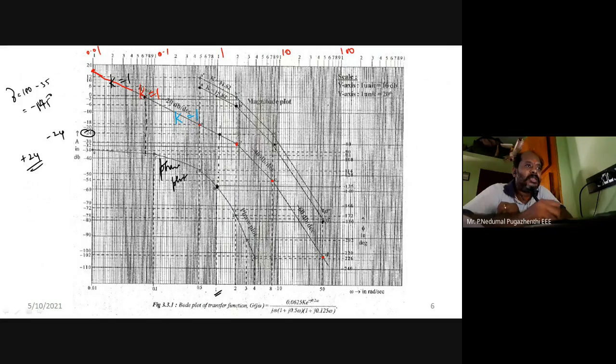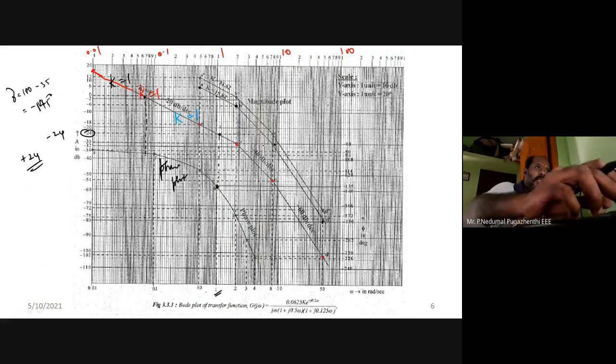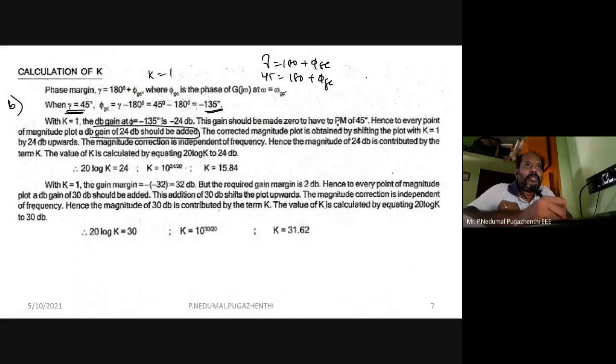During calculations, we know that we added 24 there. 20 log k is equal to 24. So log k is equal to 24 by 20. So k is equal to 10 power 24 by 20, which provides k is equal to 15.84. So the value of k when gamma is equal to 45 degrees is 15.84.